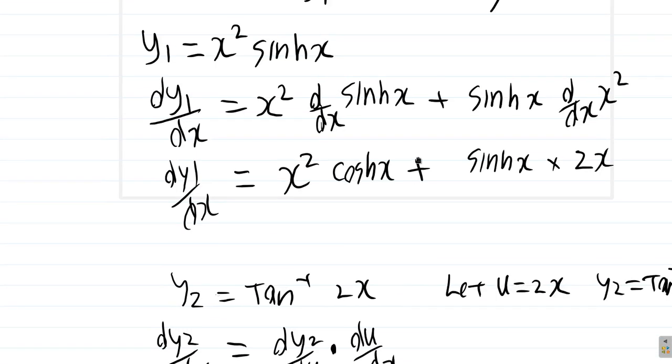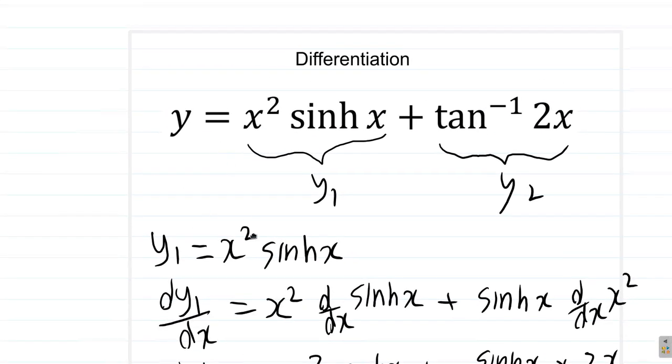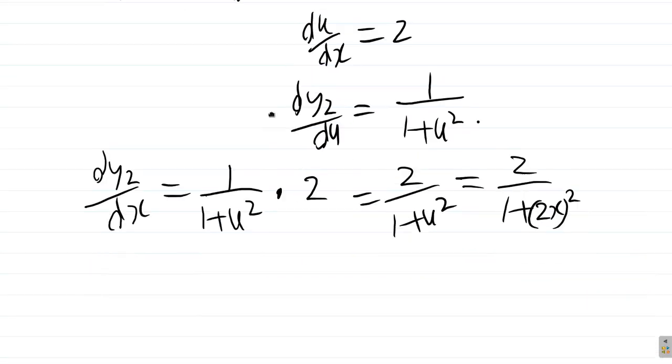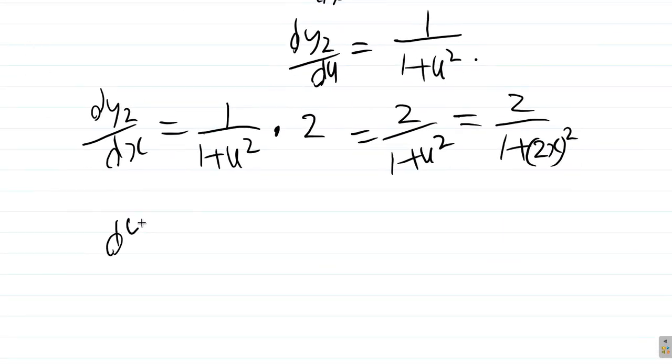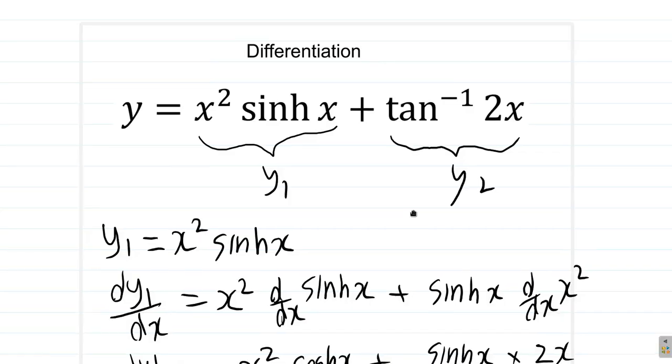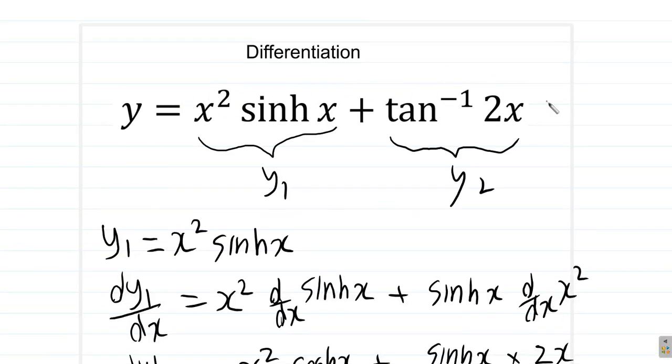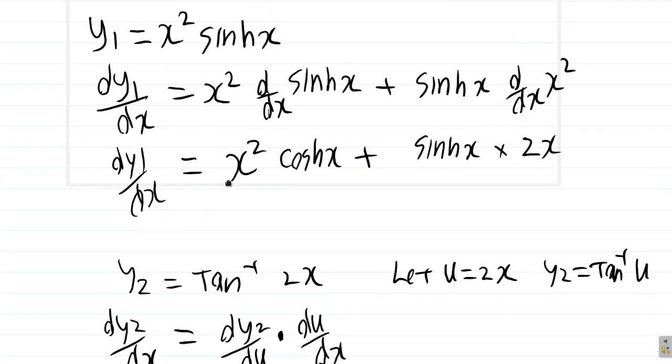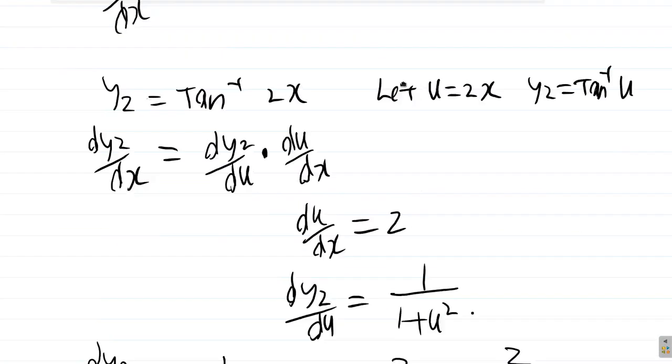Alright, let's put everything back together now. We're finding dy by dx. So dy by dx is equal to, so remember, all of this is y. We found the derivative of this part. What was it again? dy1 by dx. dy1 by dx was x squared cos x plus 2x sin x.